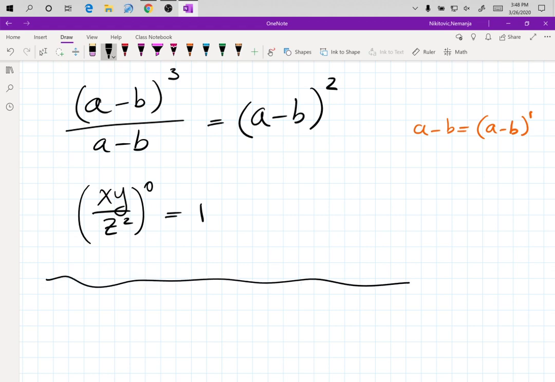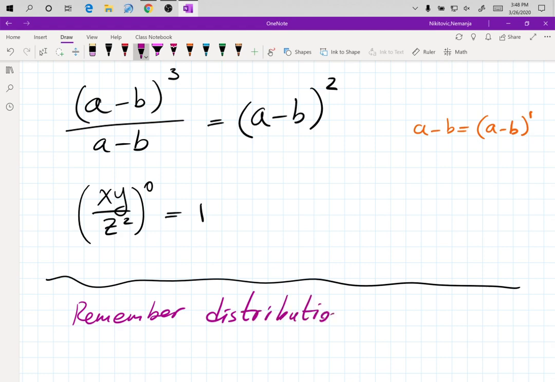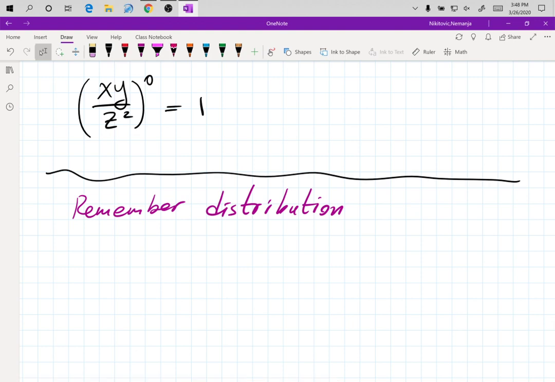And now, I'm just going to, over here, say, remember distribution. If you have x times x plus 3, the answer is, when you multiply each one, x squared plus 3x.